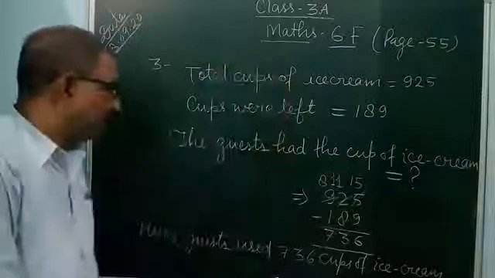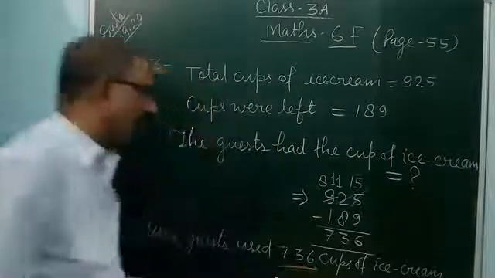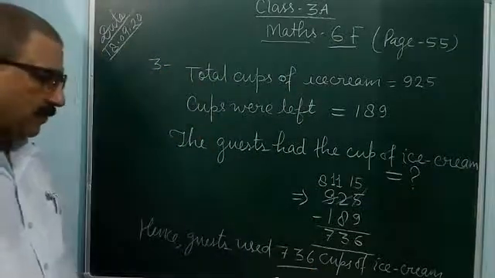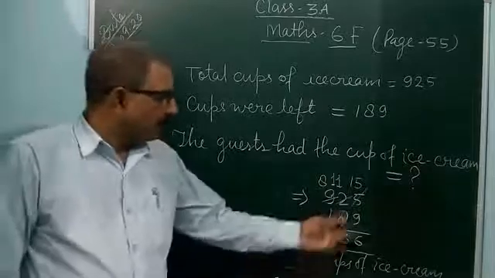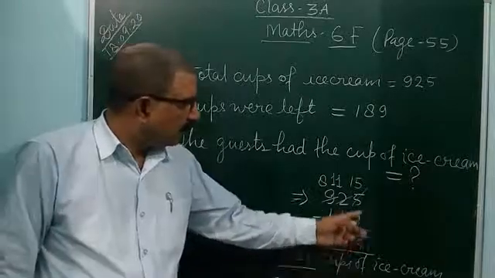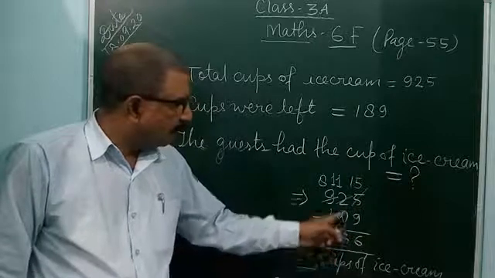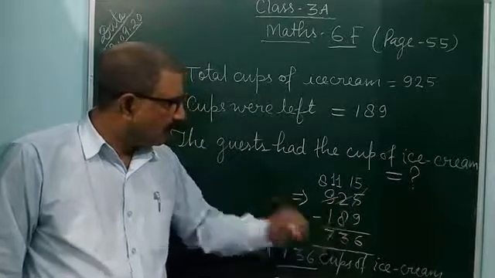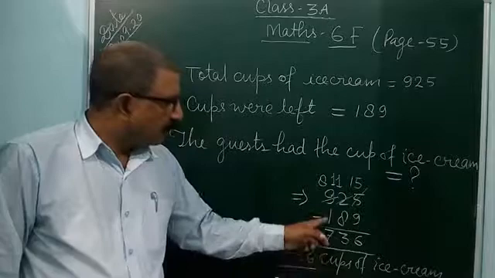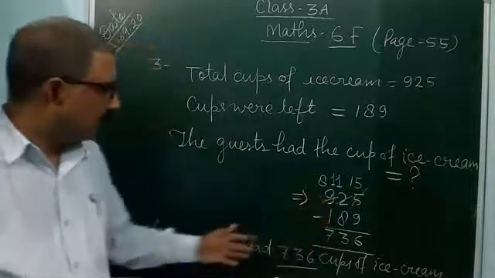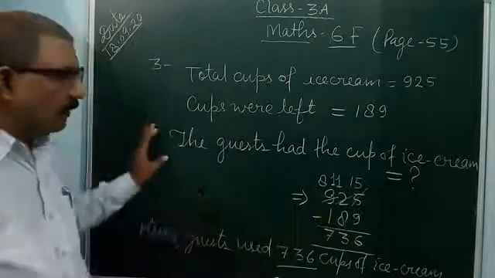So in this way, 736 cups of ice cream the guests used. You can check this also: 9 plus 6 is 15, 5, 1 carry; 8 plus 3 is 11 and 1 is 12, 2, 1 carry; 7 plus 1 is 8 and 1 is 9. So in this way, you can do it in your copy.